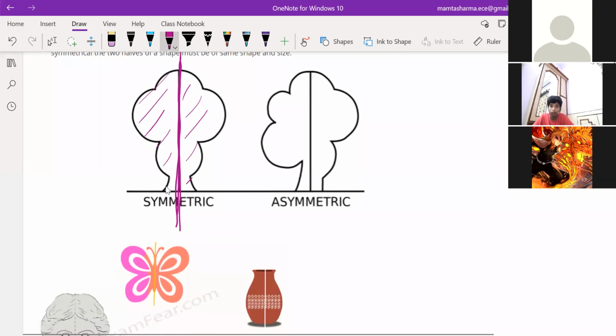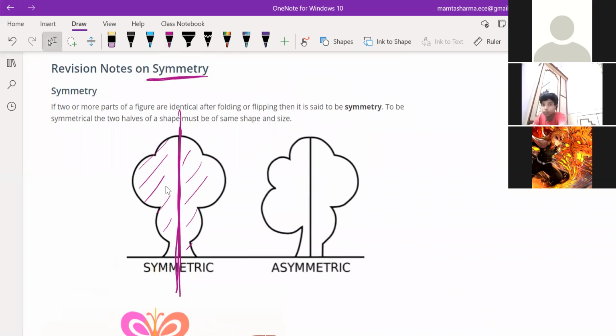Now see, this is what I have drawn. Now the second, you can see the second figure. This is not a symmetric figure. You could see that this middle line is not dividing part 1 and part 2 in equal shape. They are not identical.